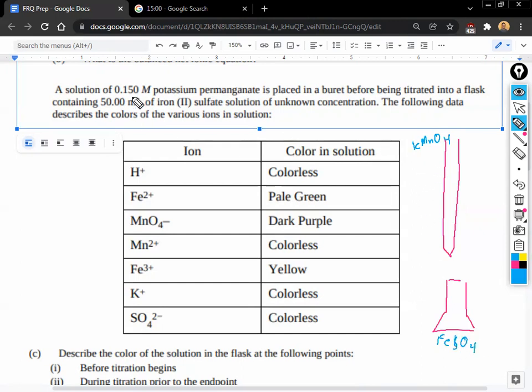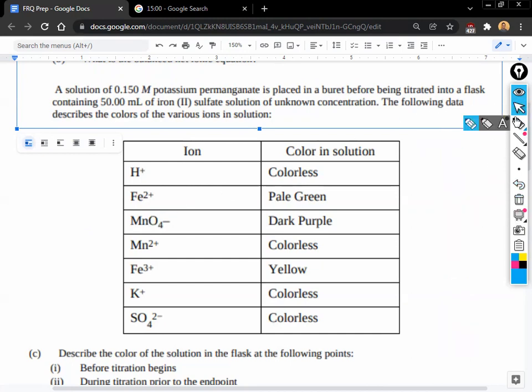Okay, and then the concentration is 0.15, and then there's 50 mils of iron 2 sulfate on the bottom. Now, what it's telling us is the colors of the solution. So if you have an H plus solution, it's colorless. If it's Fe2+, it's pale green, etc. Okay. So far, so good.